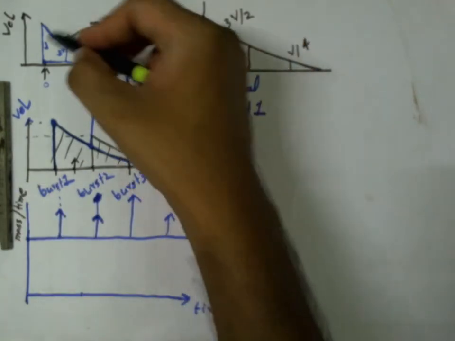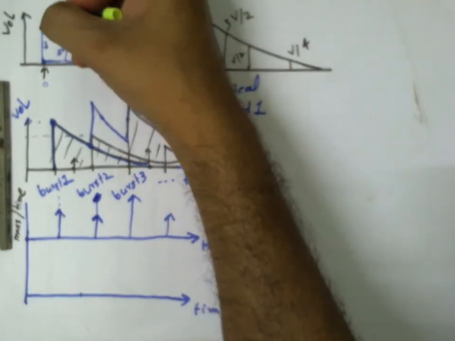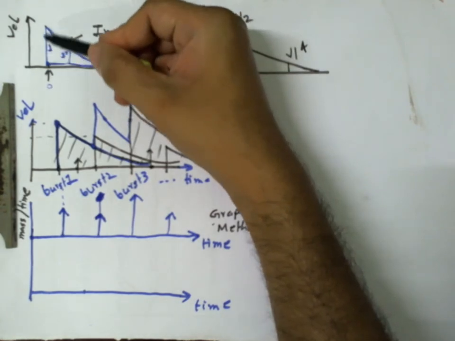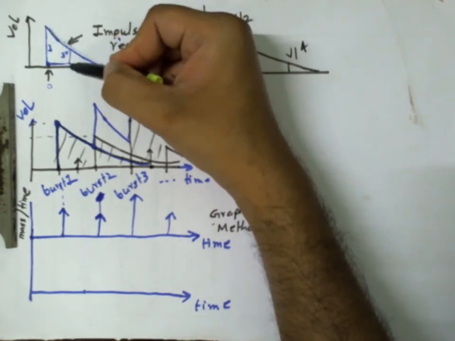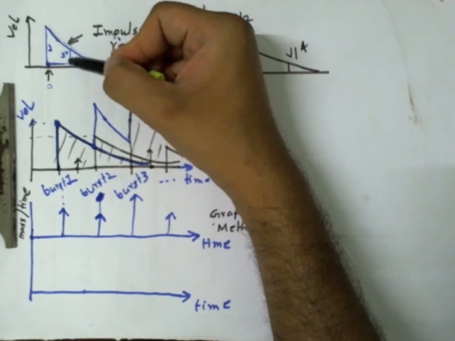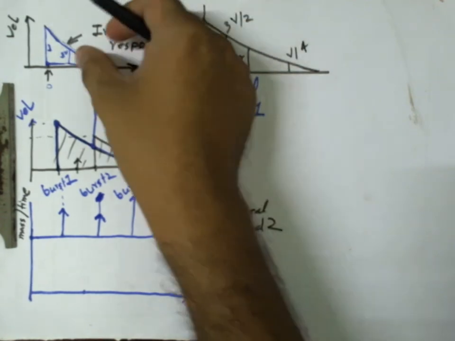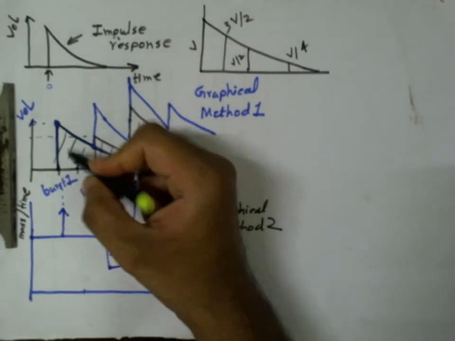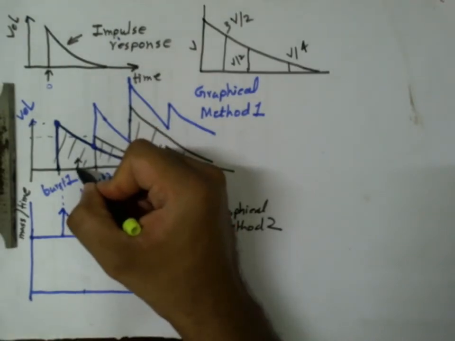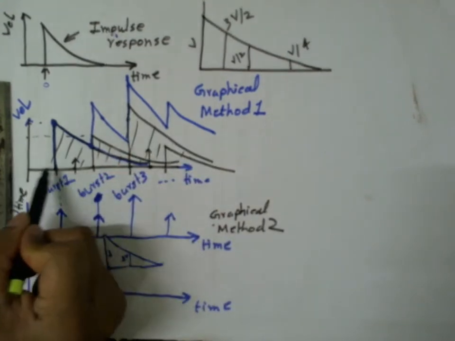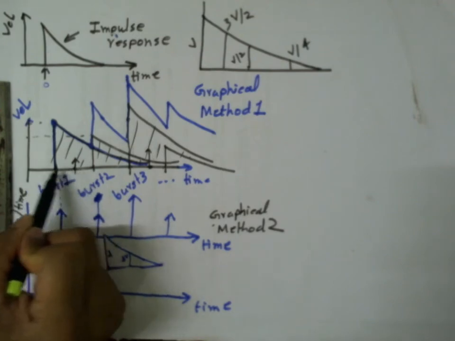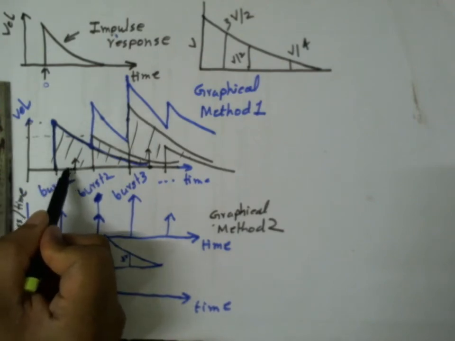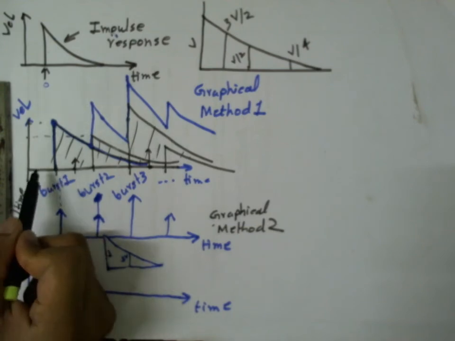And then we see here that if I have an impulse at this point, then the velocity generated at this point is v by 2, right? So now if I am interested to know the velocity at this point, I have to look backwards to see whether there are any impulses before this instance of time.